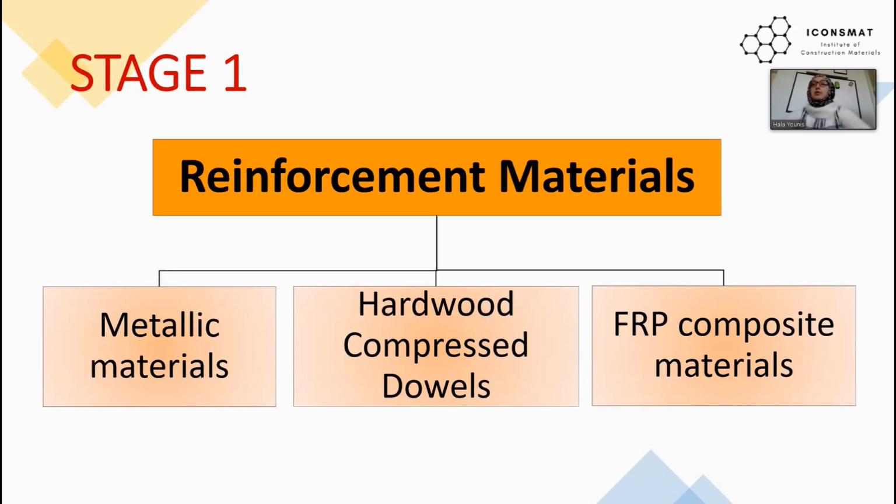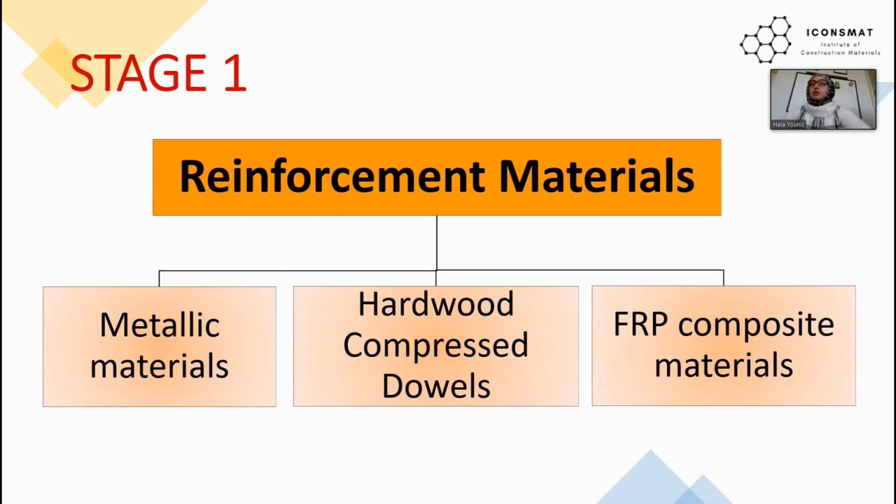And recently, its use has increased due to its special characteristics: strong, light, available, cost-effective, and easy to use and install to the member. Therefore, based on this investigation, the reinforcement material that will be used in this study is fiber reinforcement polymer composite material.